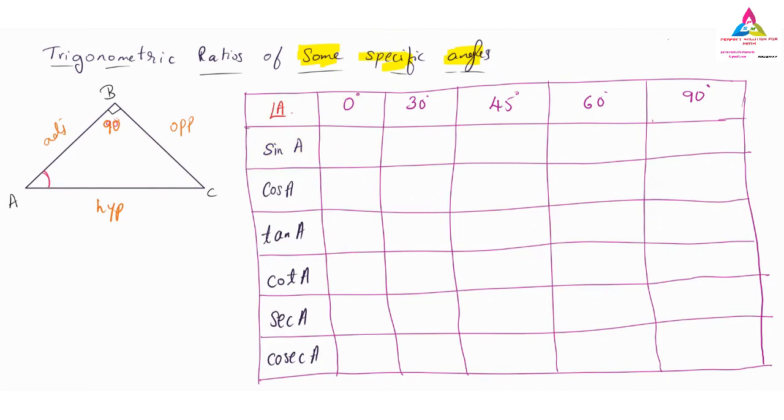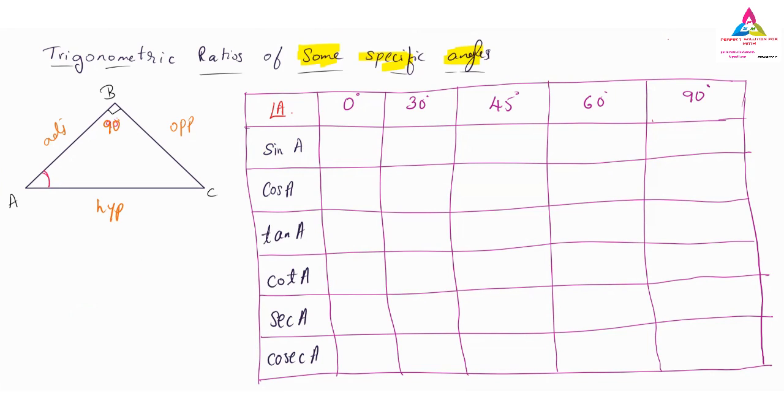Now, very importantly, if you draw a right angle triangle and one angle is 0 degree, it is not possible in a triangle to have 0 degree, but we will consider it as 0 degree. So what is the value of the sine at that time? Obviously, it is nothing.